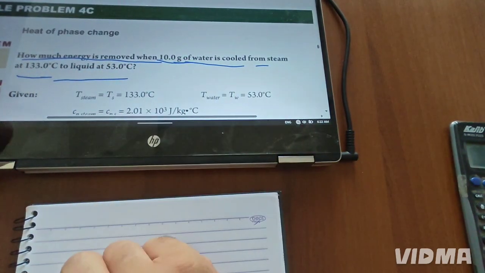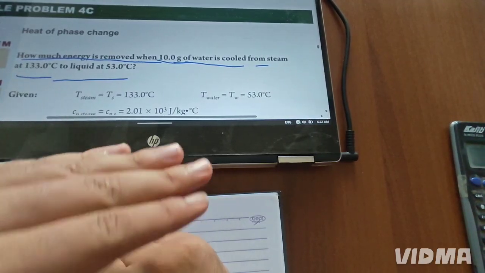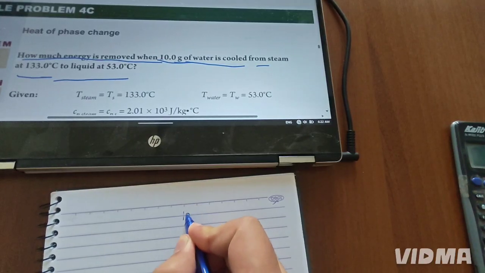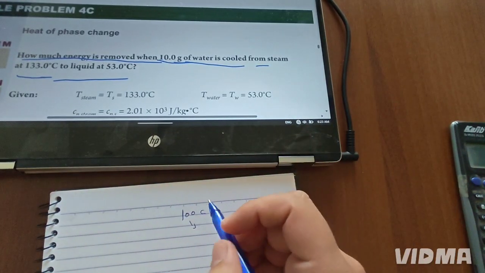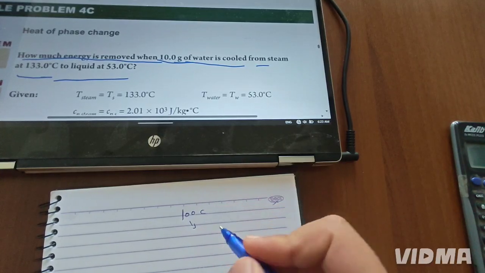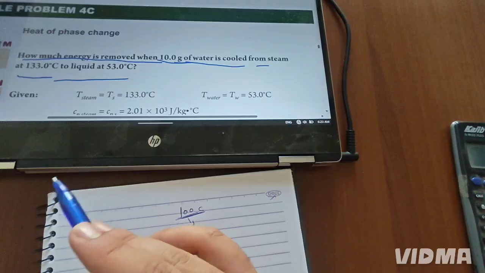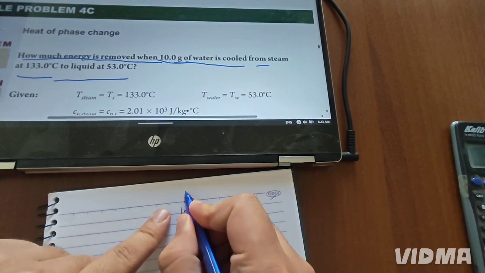First of all, we have to know that this temperature, 133, is above 100. We know that at 100 Celsius the water becomes boiling. At 100 Celsius, this is the boiling point. But here we have 133, so above 100 it means steam.